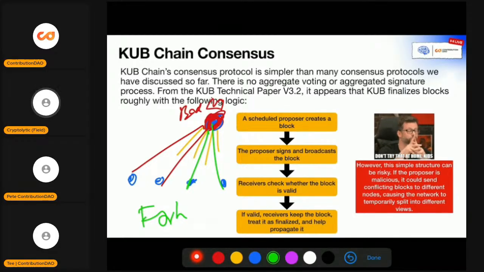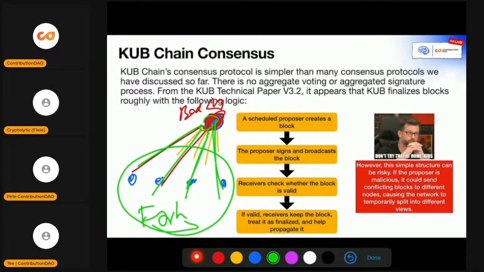So if you want to build your own chain from scratch, for example, you should consider this scenario as well, where the proposer broadcasts a conflicting block and can create a fork, so it can violate safety.